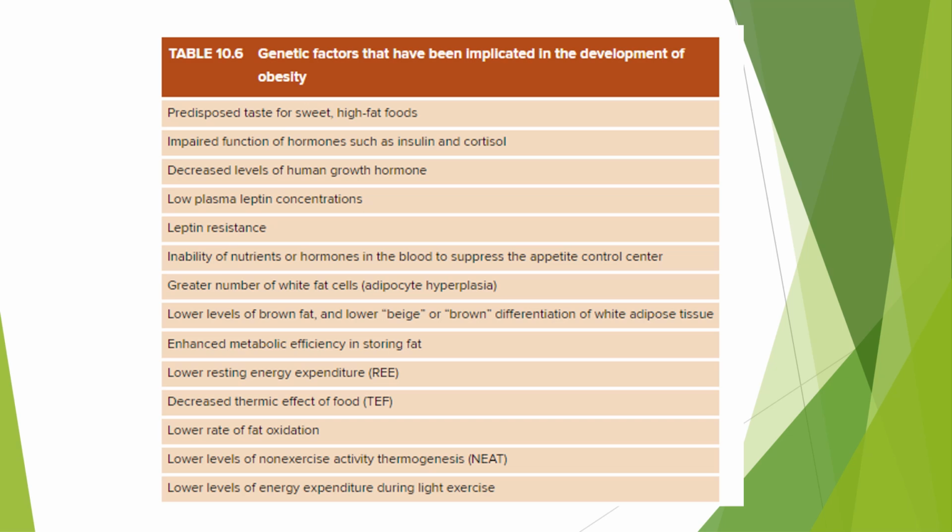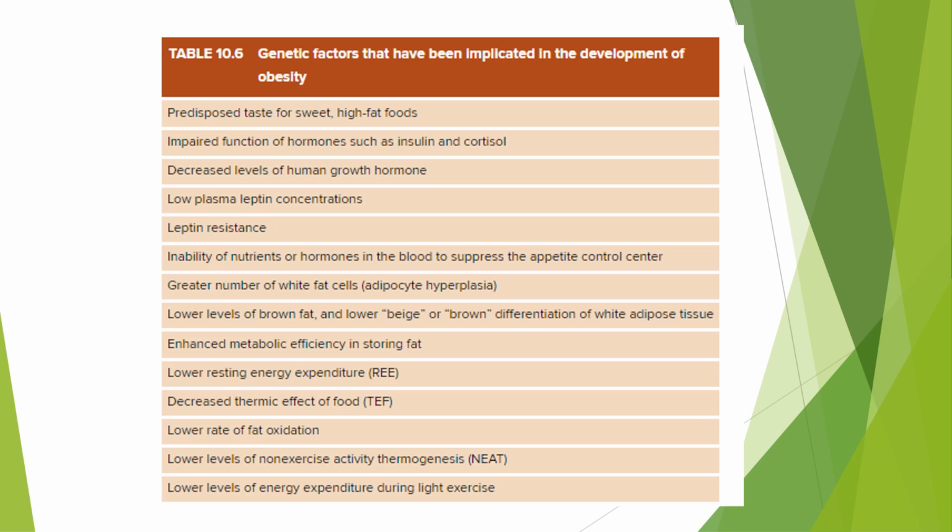For example, individuals with certain genetic variants may be more susceptible to the effects of a high-calorie diet. And epigenetics. Epigenetic modifications can influence gene expression related to obesity without altering the DNA sequence itself. Environmental factors such as diet and stress can lead to epigenetic changes that affect obesity risk.